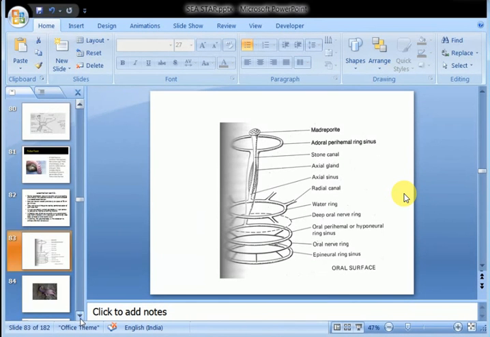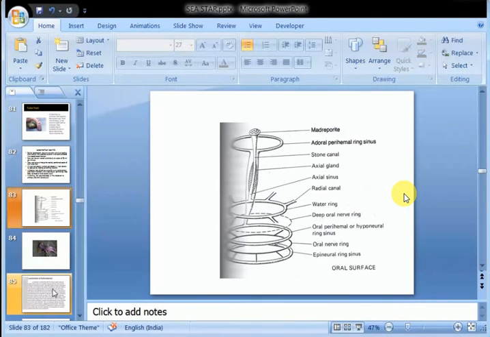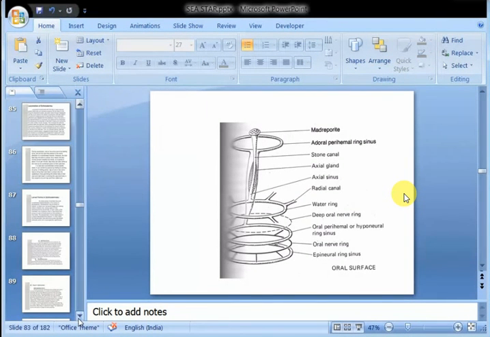So go through the syllabus, go through this text from some books in detail and take help of this PPT. I will be sharing the PPT next week. This whole PPT I will be sharing on the Google Classroom.